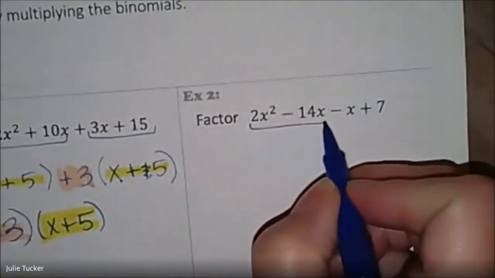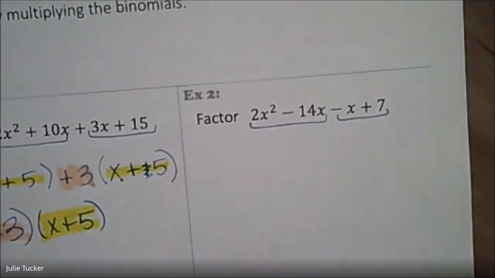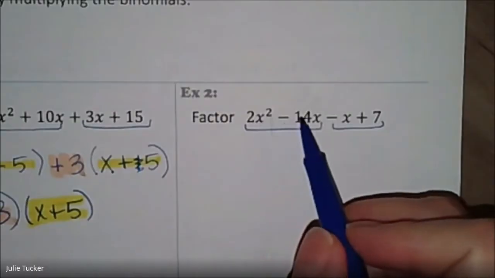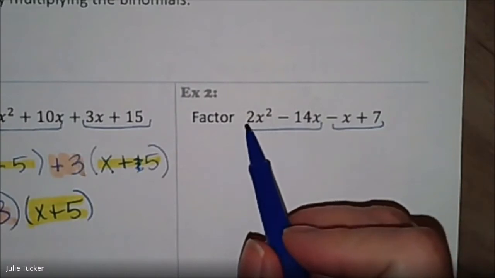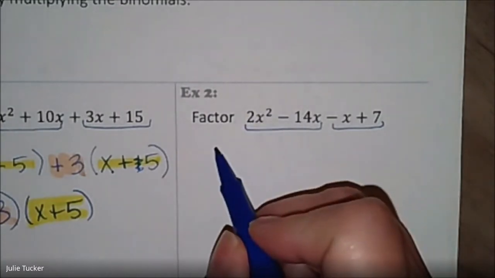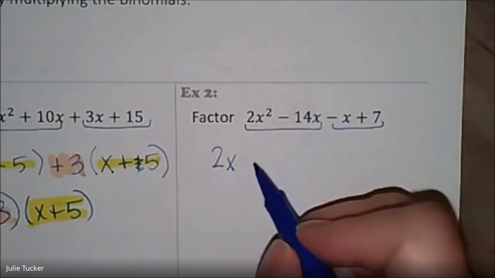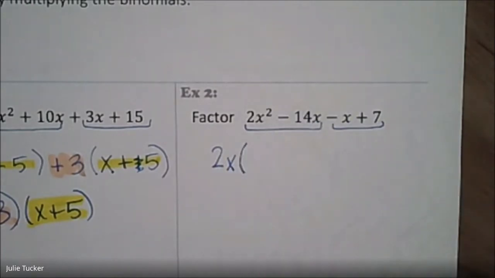So we have this pair and we have that pair. What number divides into 2 and 14? Well, 2 into 14 is 7, but 2 is the number, right? Because 2 divides into 2. So you need 2. And then we want x. Now tell me what to write. 2x times what gives you 2x squared?